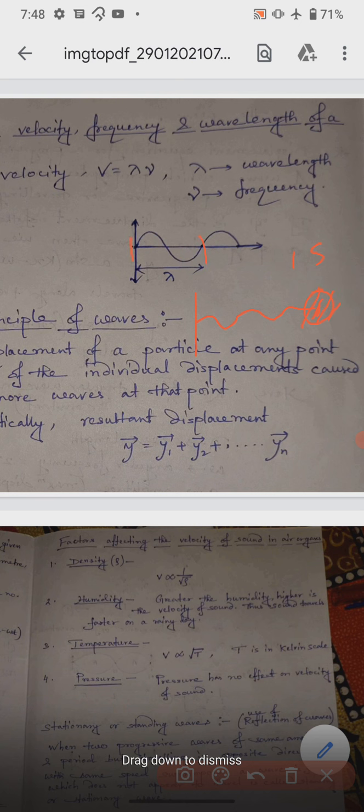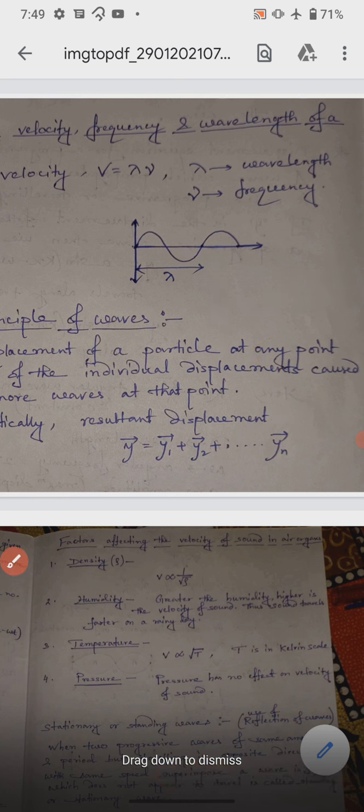From here to here is one wavelength, from here to here another wavelength. So within 1 second, through this particular region, how many waves are moving? That is the frequency. Suppose 5 wavelengths are moving within 1 second, then the frequency of the wave will be 5. In that way we calculate it. Anyway, remember this relation: v equals lambda nu.